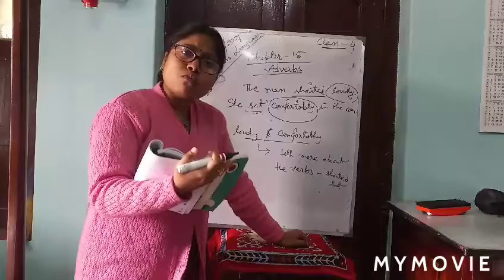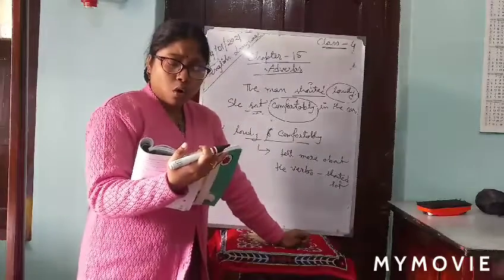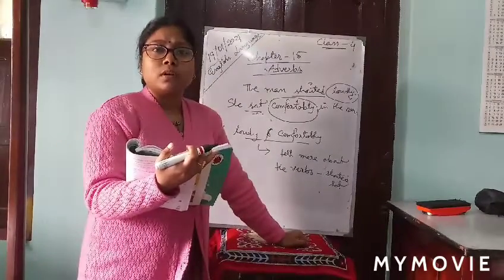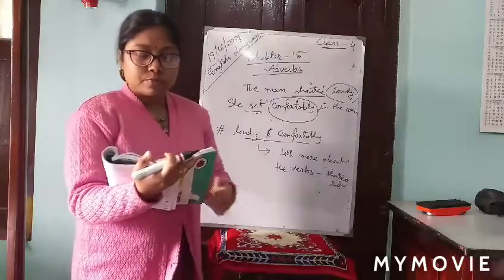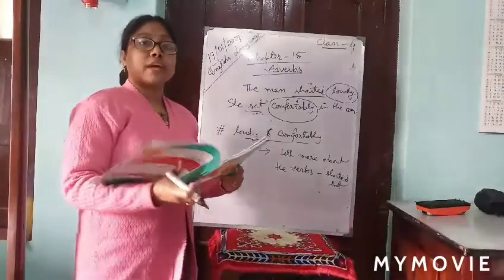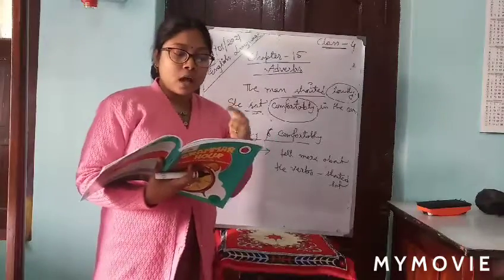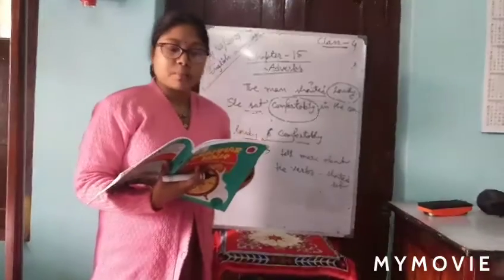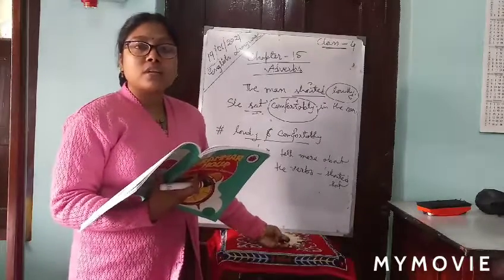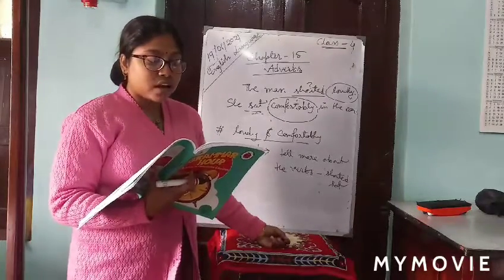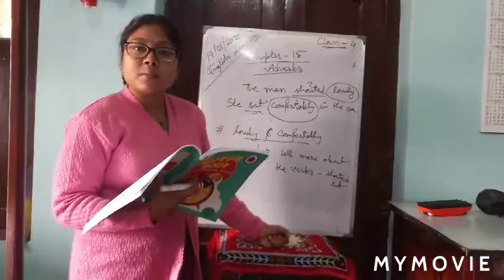So all these words, if you see, are defining or modifying the verbs, isn't it? The first one: today many people are enjoying themselves in the park. This today tells us when all of them are enjoying themselves in the park.